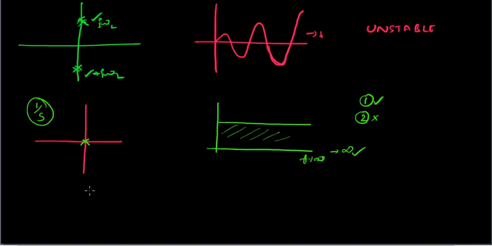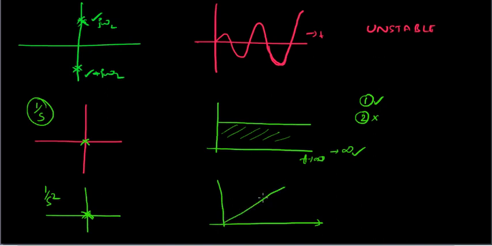Now if we have repeated roots at the origin, let's say I have two poles at this place, the transfer function is 1 over s square. If I look at the impulse response, it keeps on increasing. This is nothing but a ramp function, so this type of system is unstable.